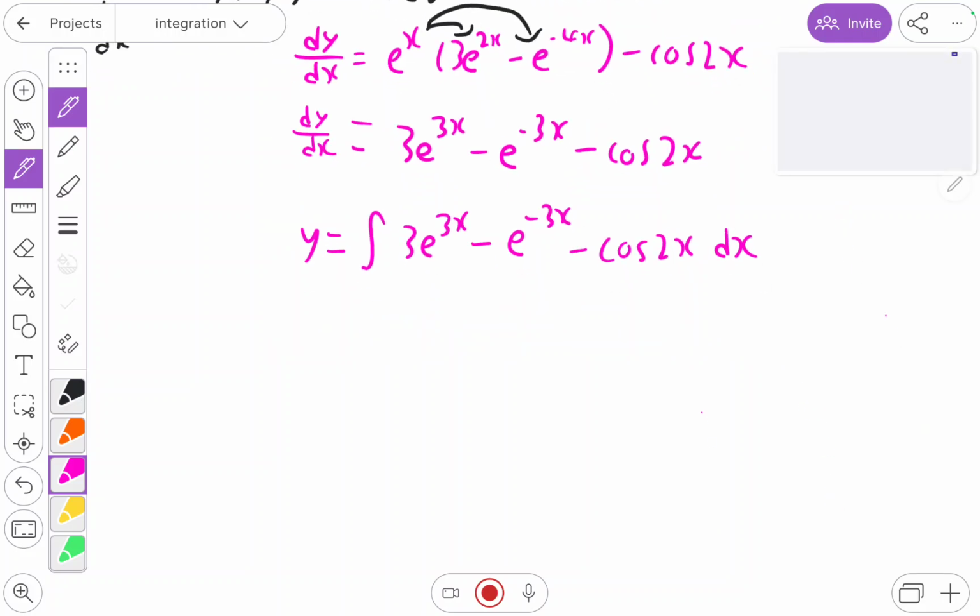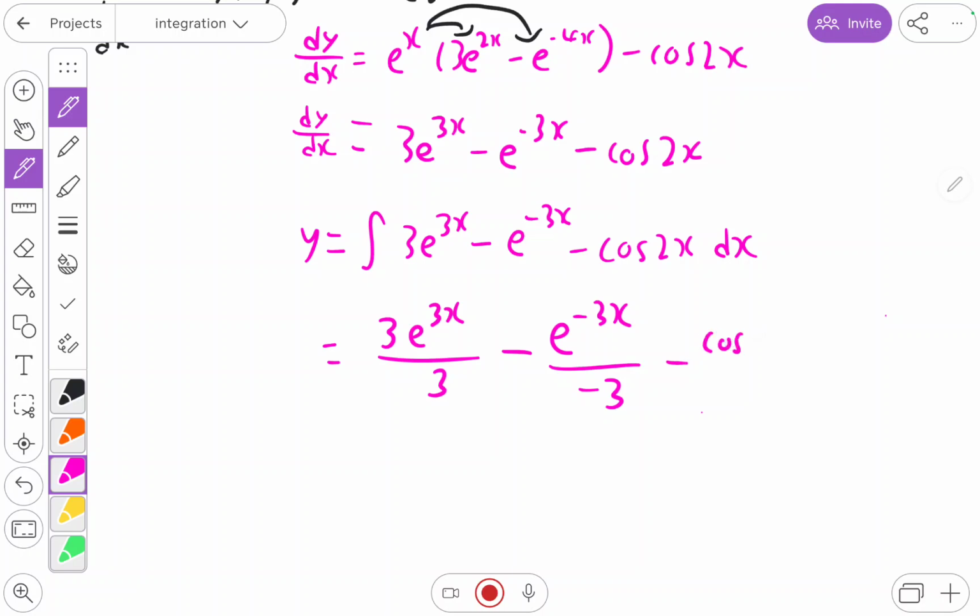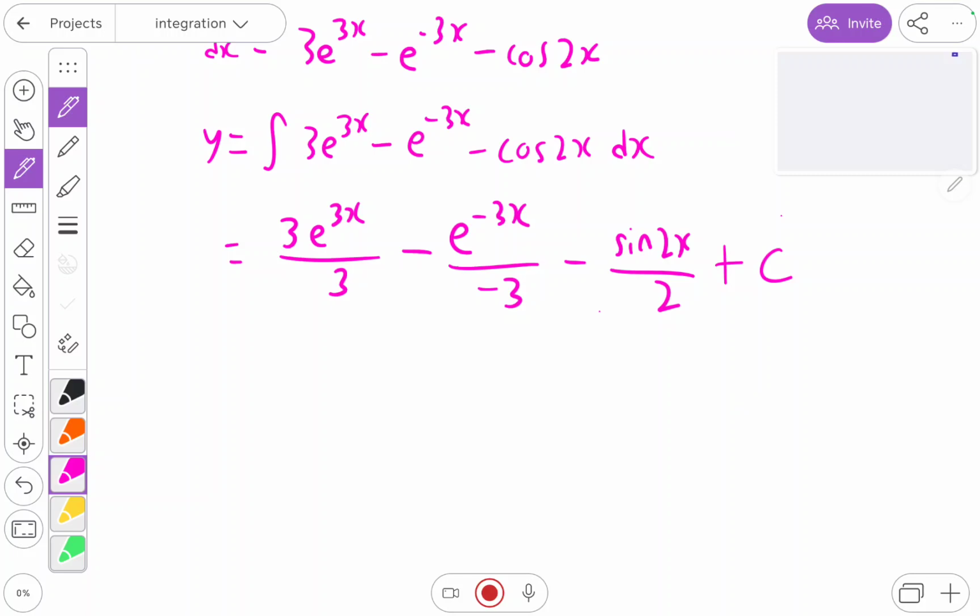So this will be equal to, remember, 3e^3x copy for exponential, you differentiate, divide by the differentiation of the power, minus e^(-3x) over minus 3, minus cosine, differentiate cosine, you get sine 2x over 2, plus c.